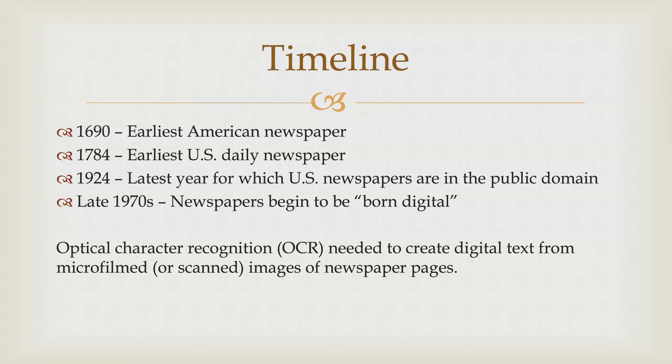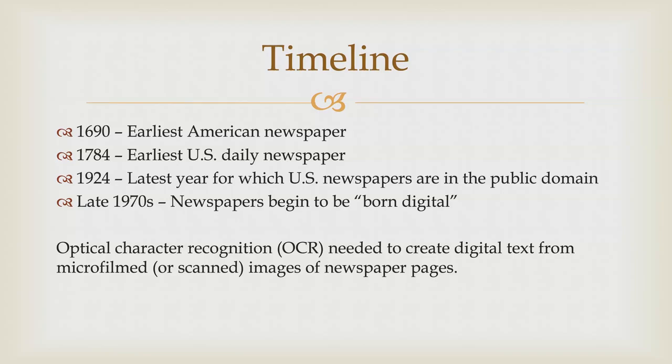This is not a perfect process. Newspapers were never intended to last because of the kinds of paper they were on. They were considered temporary things, not permanent like what you might find in a good quality paper in a book. As a result, we're going to see errors in optical character recognition. It's getting better as time goes by, but it's not perfect.